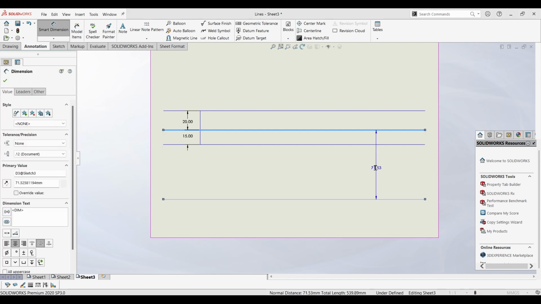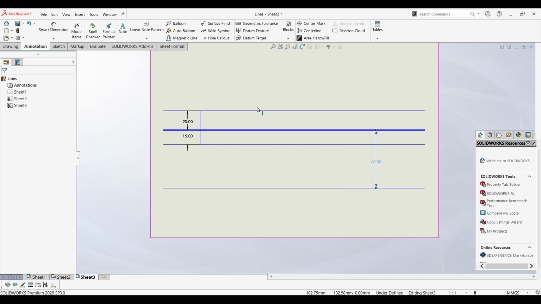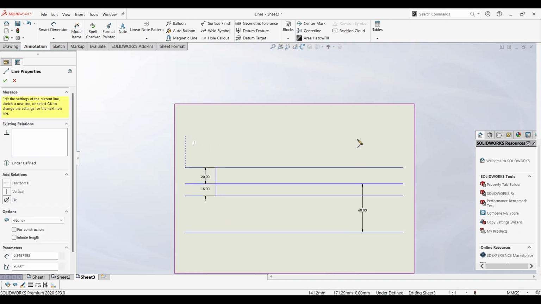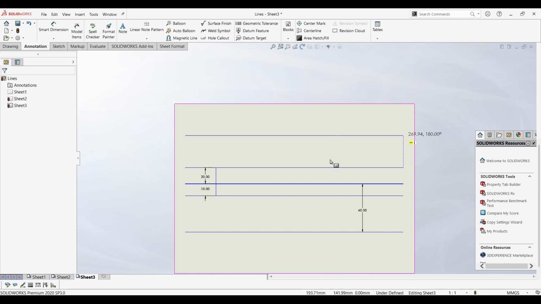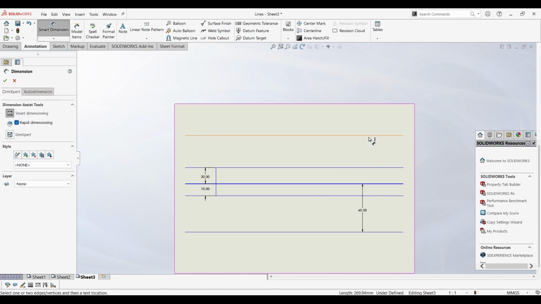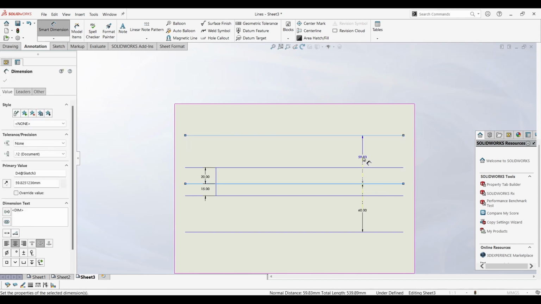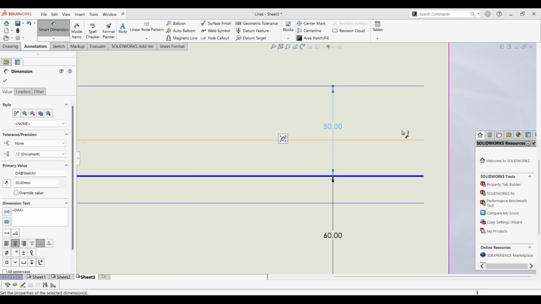It is also given that point B is 50 mm above HP. So this line is 50 mm above this XY line. So this thing is done.